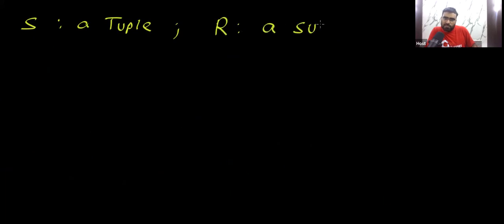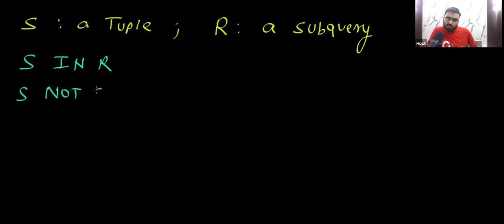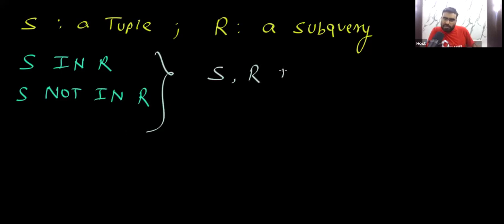S is a tuple, and R is a subquery. If you write S in R, or S not in R, then in these two cases S and R must be compatible.